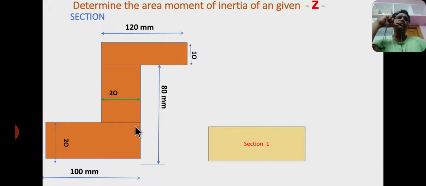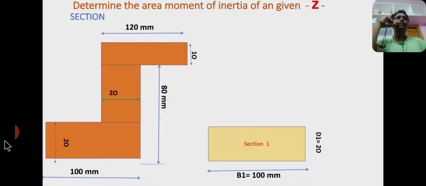Here also we have to split up the given problem into three rectangles. Therefore I consider the bottom rectangle, that is 100 by 20, as section 1, that is base b1 equal to 100 mm and depth d1 equal to 20 mm.